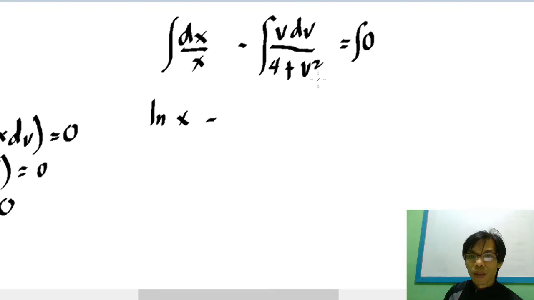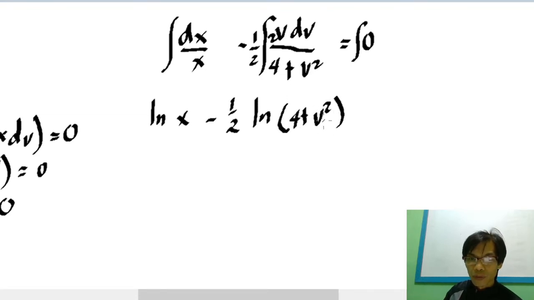Our derivative should be 2v dv. But there's no 2 in here, so we have a balance factor of 1/2 there. So now we have 1/2 ln of 4 plus v squared, and that is equal to a constant, so we can put it as ln of c, wherein ln of c is still a constant.